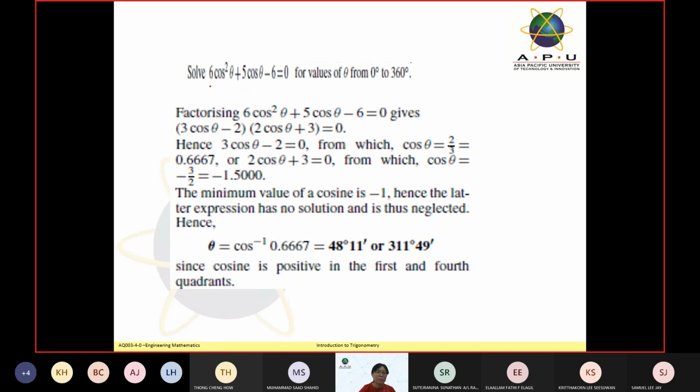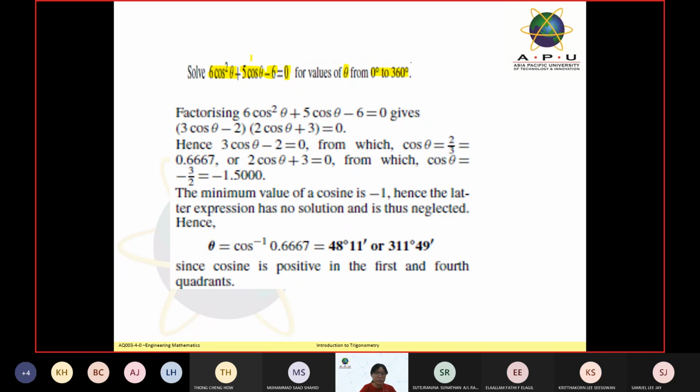For these questions, we have 6 cos square theta plus 5 cos theta minus 6. Like the earlier questions that we discussed, you have to take note that theta lies from 0 to 360.